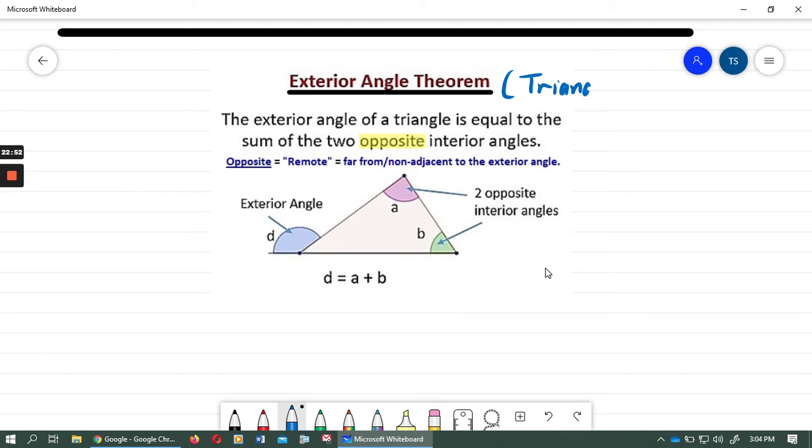Okay, this one is talking about triangles only. It doesn't necessarily apply to all polygons. I'm not saying that it can't apply to other polygons, but it is exclusively talking about triangles here.